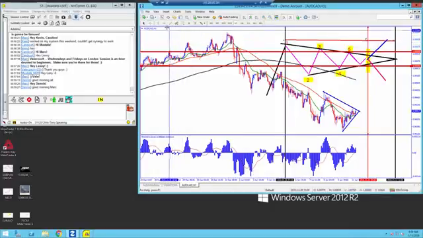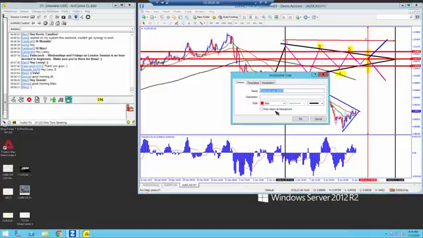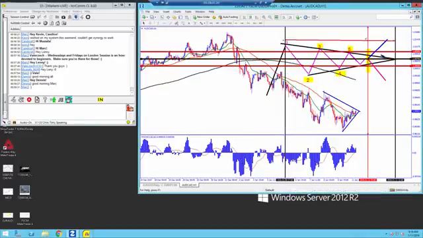Now, what you also want to do is take the middle of this channel, the middle of the triangle. You see that? Guys, are you all watching me, or are you greeting each other? Pay attention. Right here, the middle of the pattern.